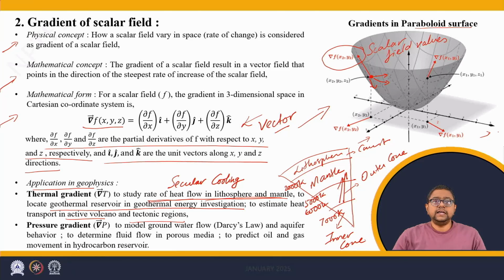So we can understand various geophysical phenomena with respect to the thermal gradient, and understand the heat transfer and energy transfer occurring in the planet's interior as well as near the surface.